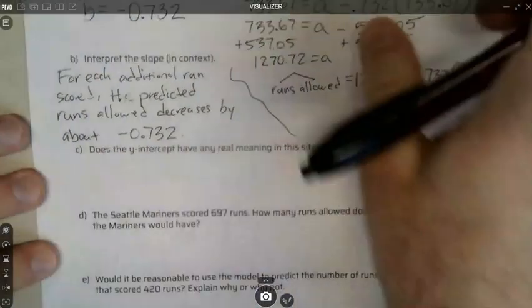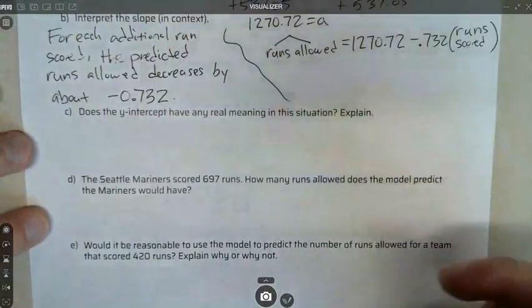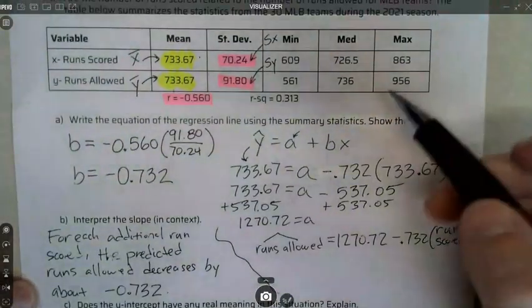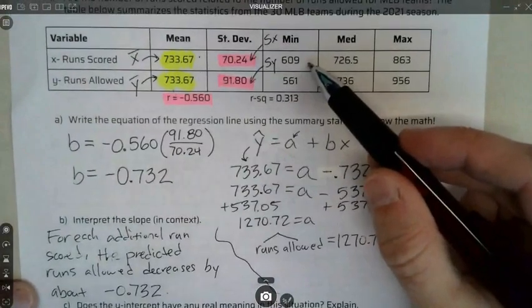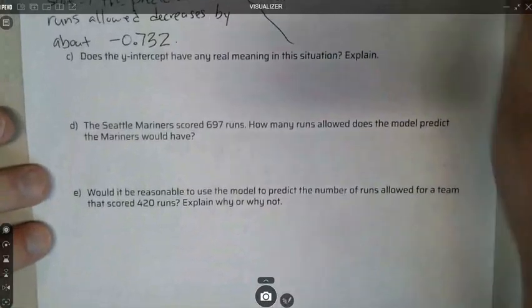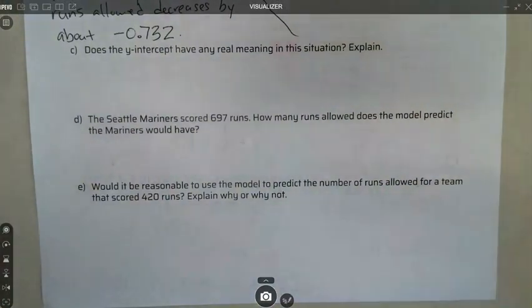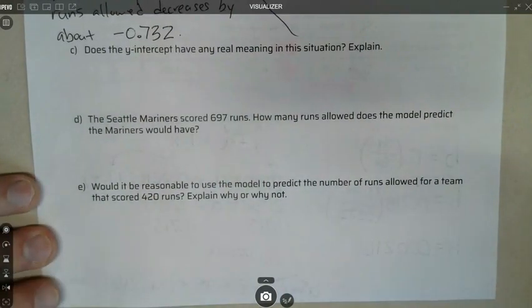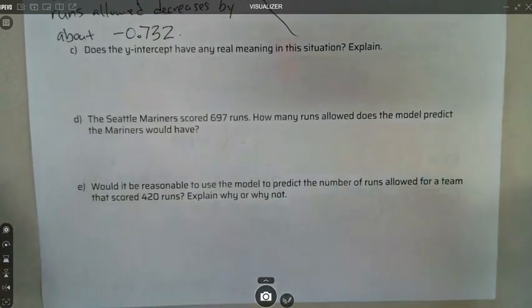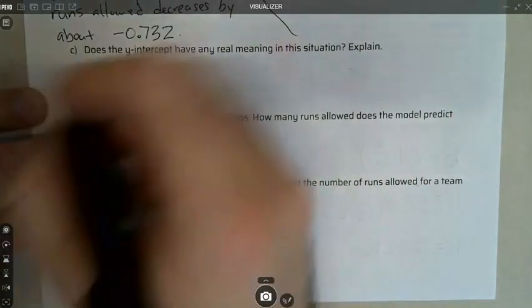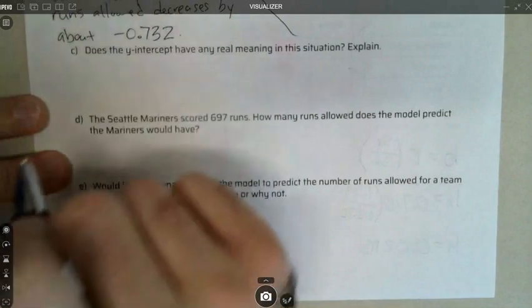Now, does our y-intercept have meaning? Well, looking at the minimum here, the minimum runs scored was 609. So the y-intercept is going to be a prediction with 0 runs scored, which is way lower than any MLB team would ever have. No MLB team would ever just go the whole season without ever scoring a run. So I would say here that no, it's not.